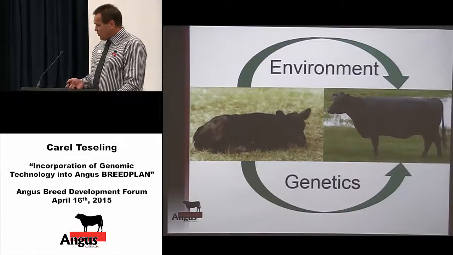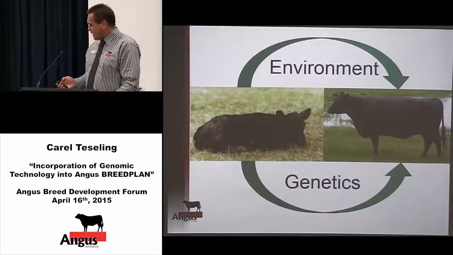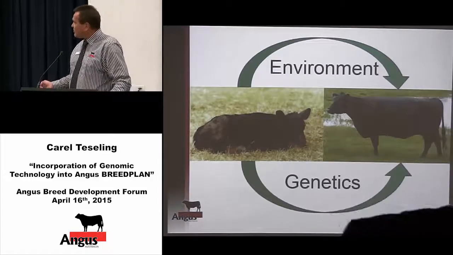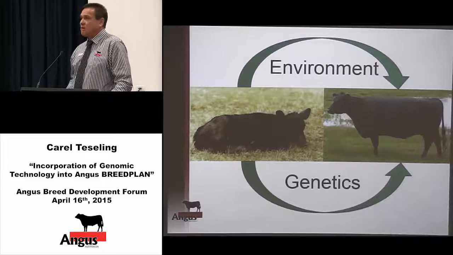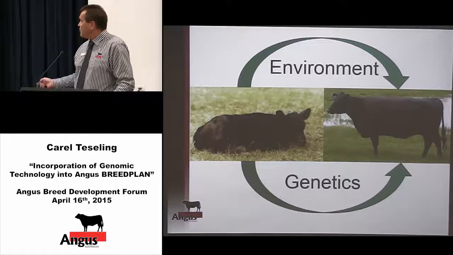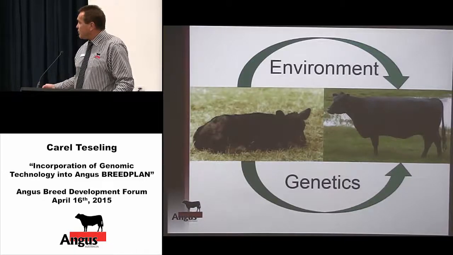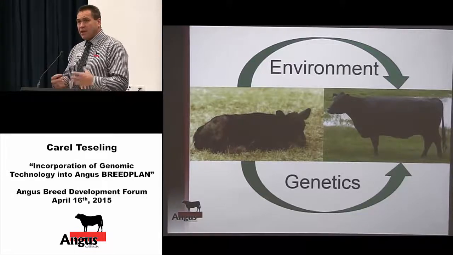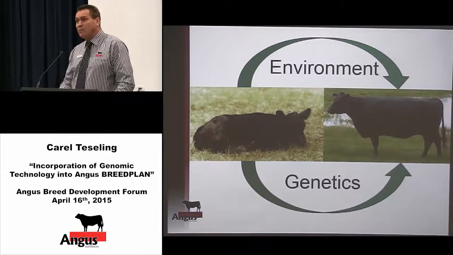So I'm sure that you're all aware of that situation where, of course, for that calf to grow into that cow, there's two major things that influence that calf. Of course, the one, and probably the biggest one, is the environment. The environment has a huge impact on how that calf will develop, but also the bit that we're, of course, interested in: genetics. Because that's the part that we really can focus on and where we can make a big difference.